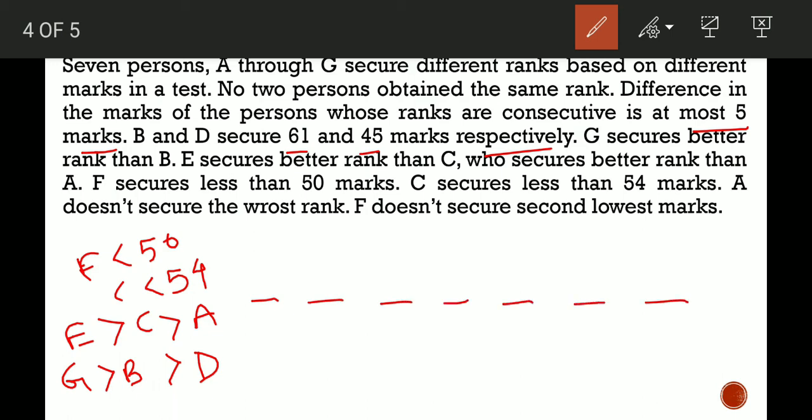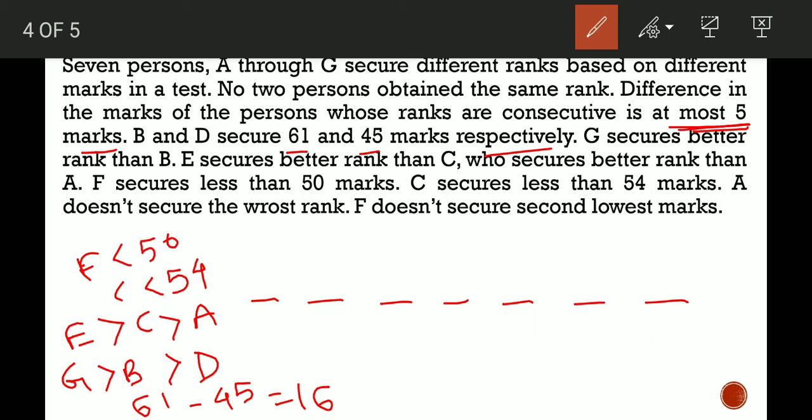Since B secures 61 marks and D secures 45 marks, the difference between their marks is 16, and in our question it is given that at most 5 marks could be there.